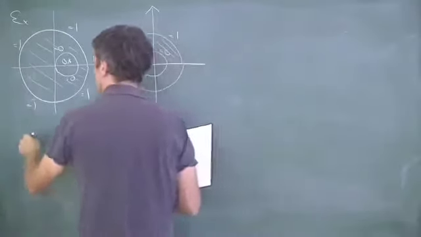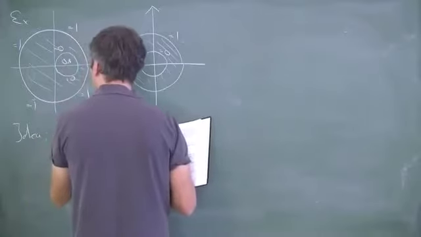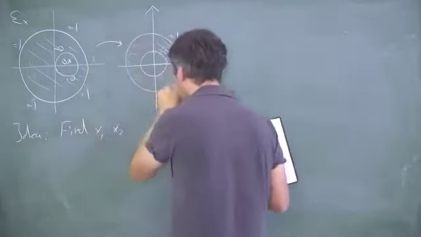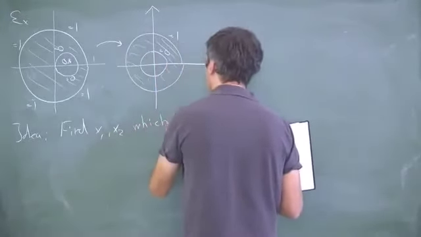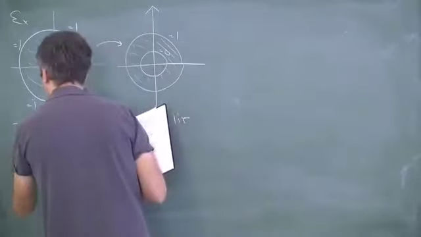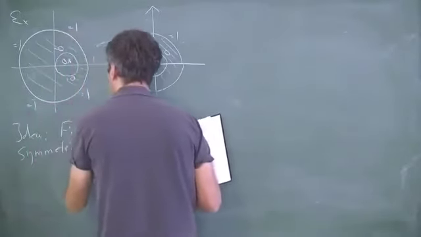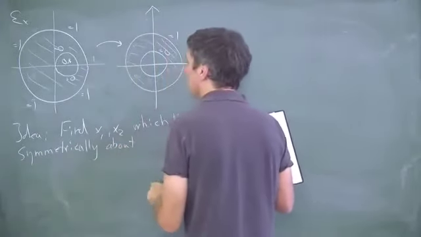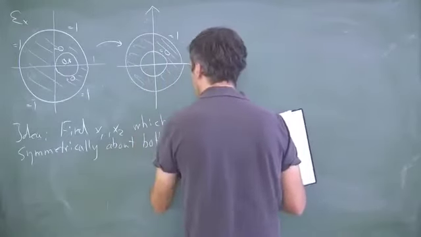So the idea is to find x1 and x2 which lie symmetrically about both circles.